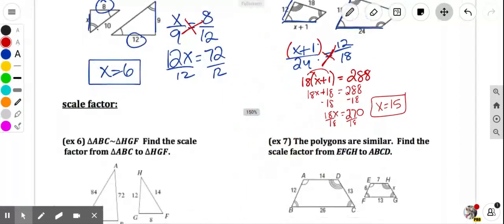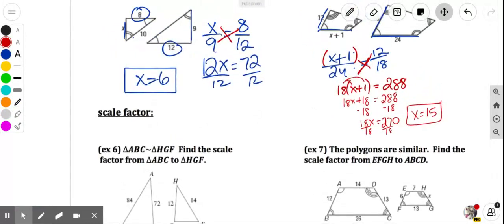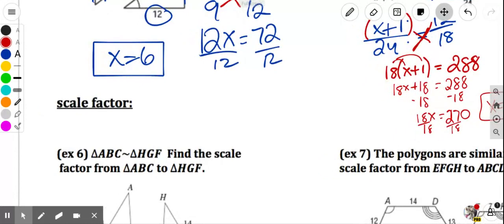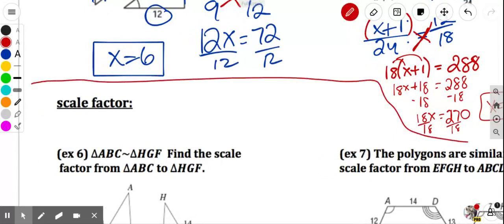Okay. The next part, I'm going to actually define what a scale factor is. I kind of breezed over it at the beginning. Make a little line here. So scale factor, the definition is just a ratio. So a fraction, or technically you could write it as a decimal or a whole number, but usually we write it in ratio form.